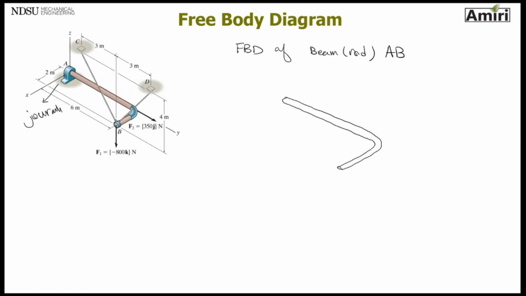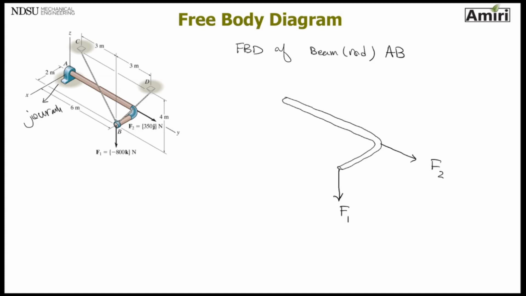Step 2, put active forces, the forces that are trying to move this. I have an F1. I see another one, F2. So these are the 2 external forces. Step 3, I don't see any weight. It doesn't explain to me. At this point, I'm not worried about it. Then the next step is to put reactive forces.